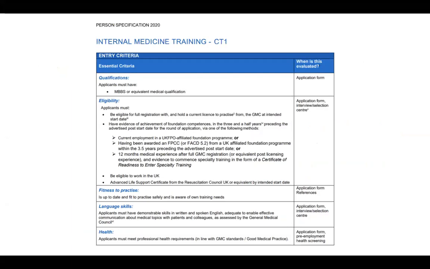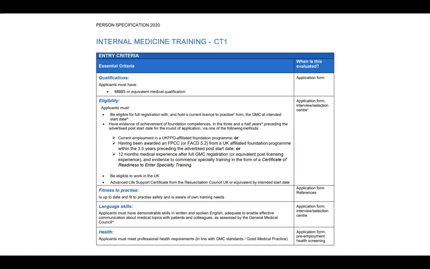And then in terms of eligibility, the applicant needs to have 12 months of medical experience, either in the form of a UK foundation program or having been awarded the equivalent of this, or 12 months of medical experience after full GMC registration. This won't really be applicable to any of you because you're all doing the foundation program. And then be eligible to work in the UK.